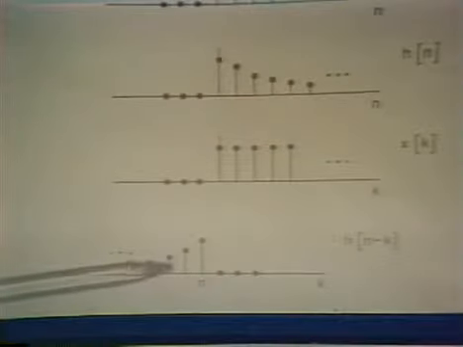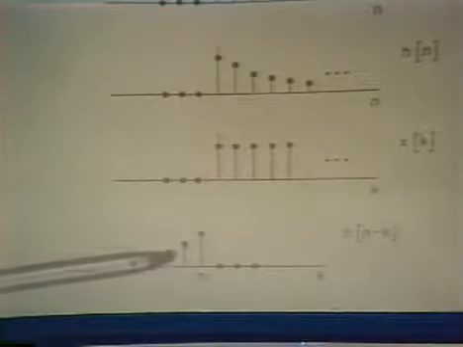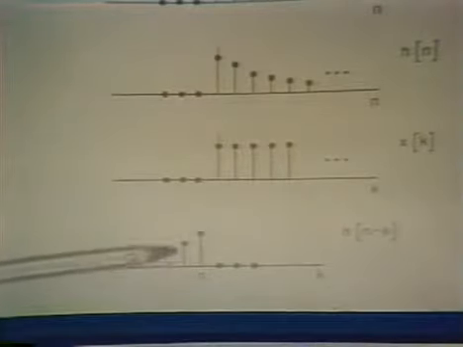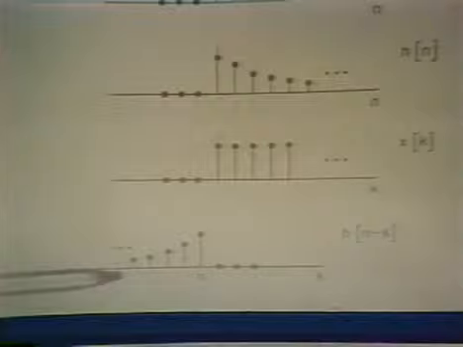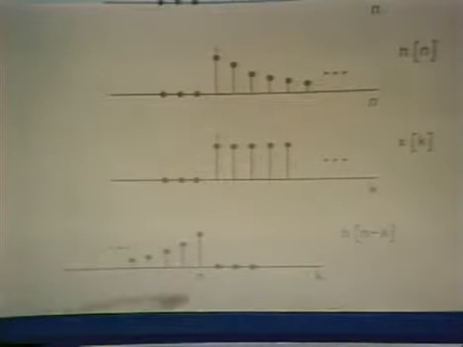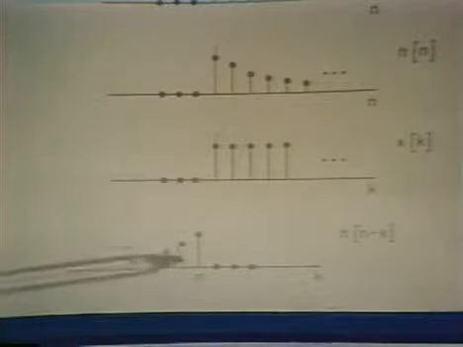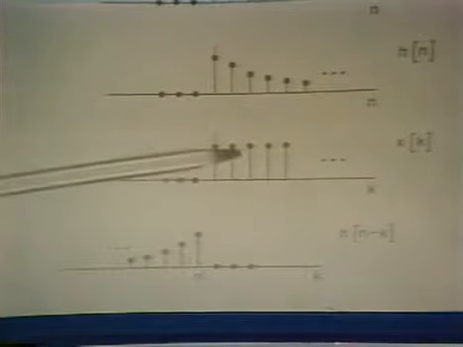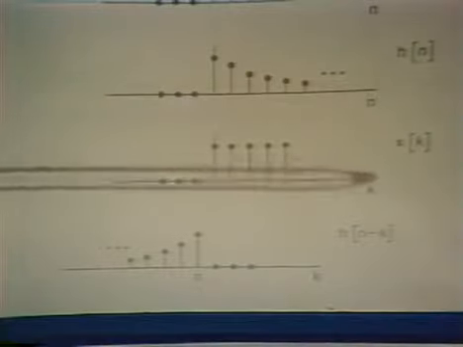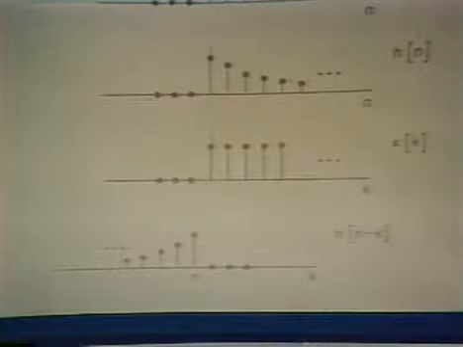And in essence, what the mechanics of convolution tells us to do is to take the sequence h of n minus k, which is h of minus k positioned with its origin at k equals n, and multiply this sequence by this sequence and sum the product from k equals minus infinity to plus infinity.